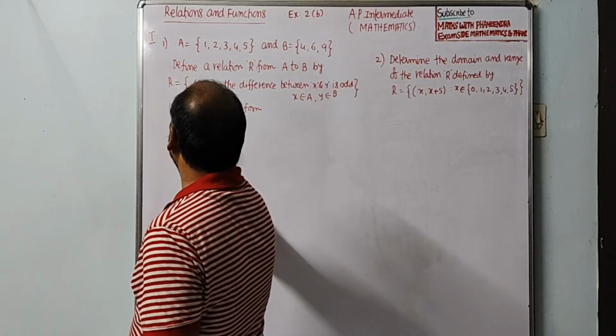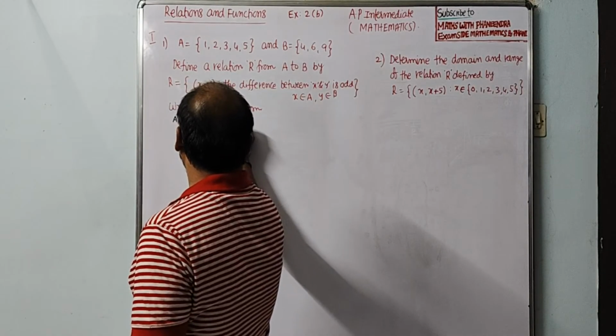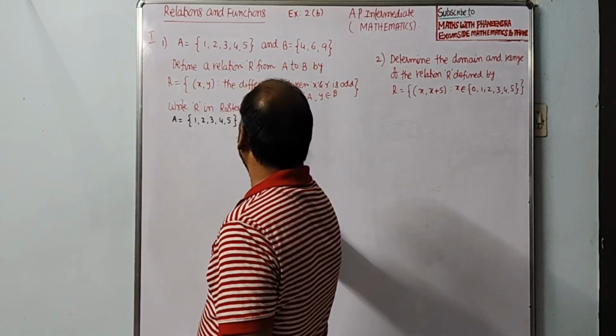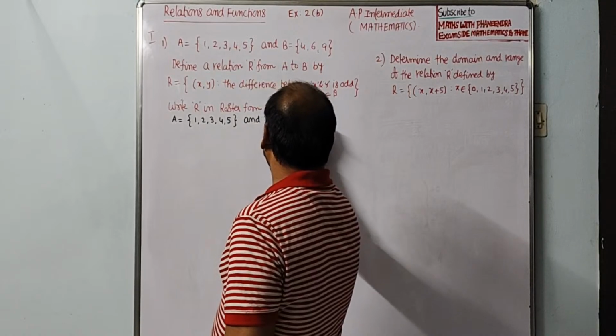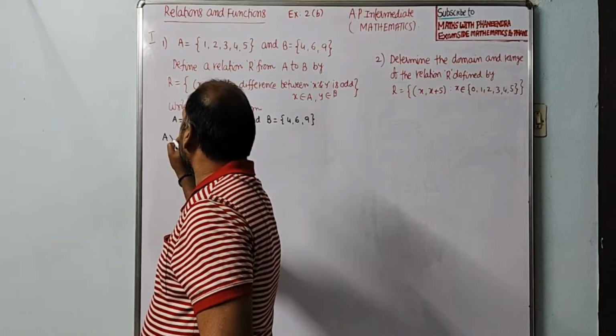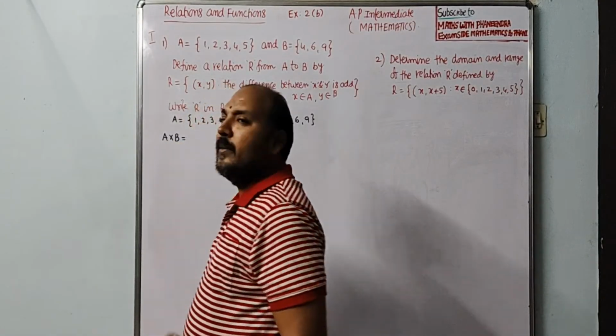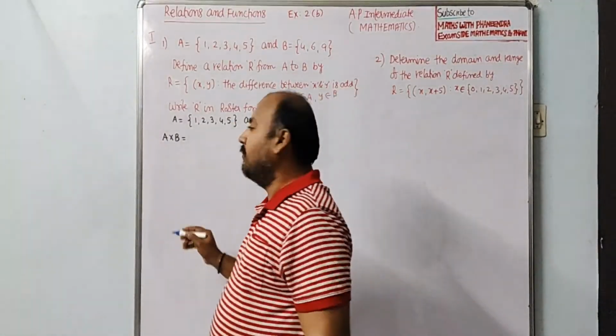A equal to {1, 2, 3, 4, 5} and B equal to {4, 6, 9}. So in A cross B, how many elements are going to come? 5 into 3, 15 elements will come.